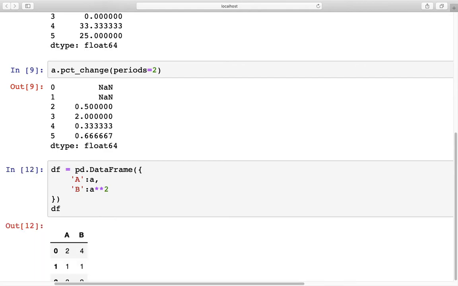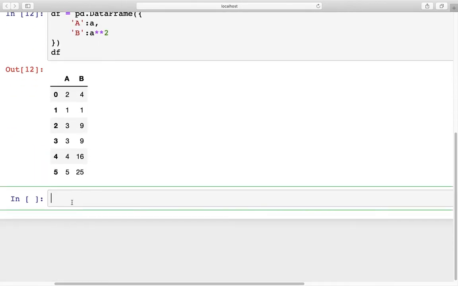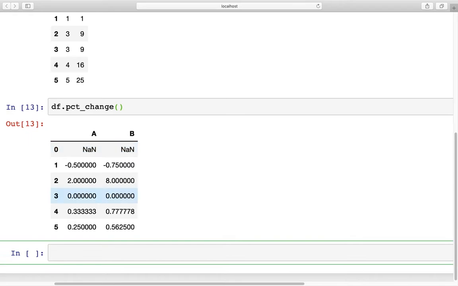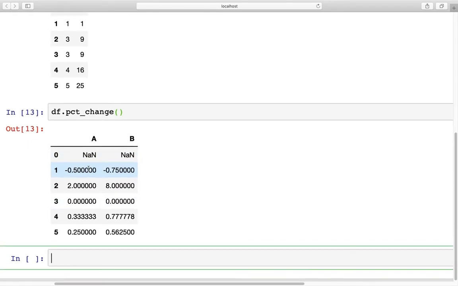Now if we look at our data frame, this is the data frame we have, and if we are trying to calculate the percent changes, we would type df.pct_change(), and when we run this, we get similar values back for each of the columns that we have right here.